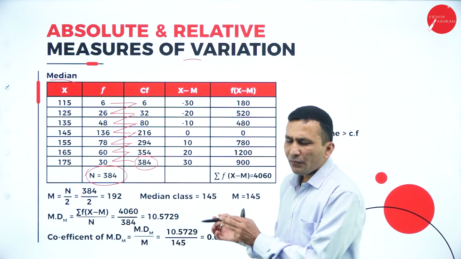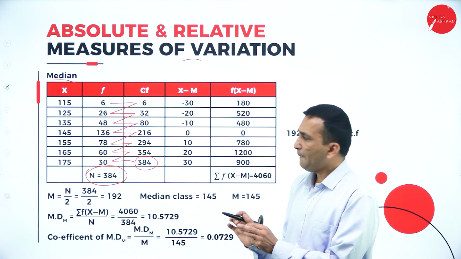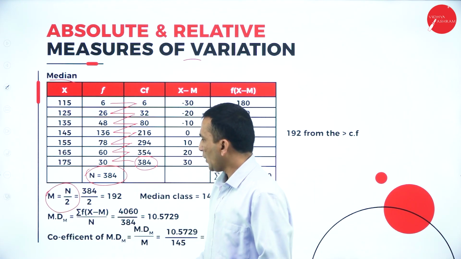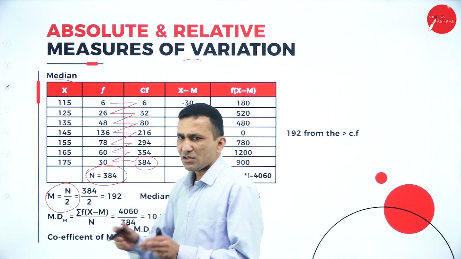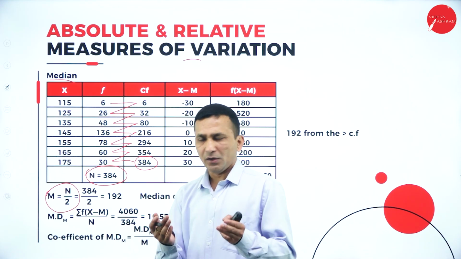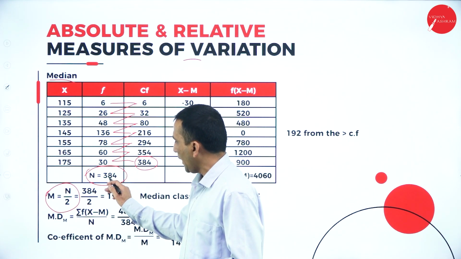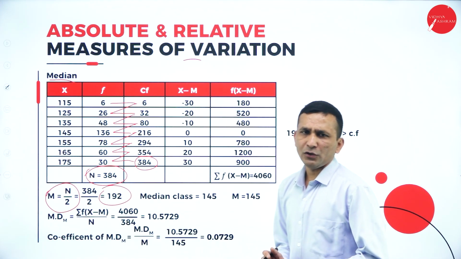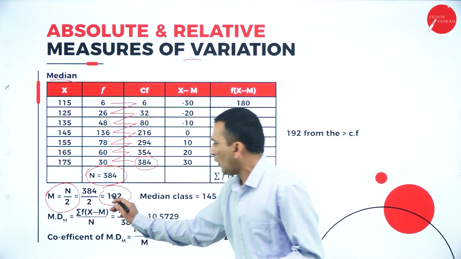Once we have converted the frequency, now we need to identify the median. A very simple formula to find the median: n divided by 2, because the median divides equally into two parts, right? So n is 384 divided by 2. Finally we get 192.